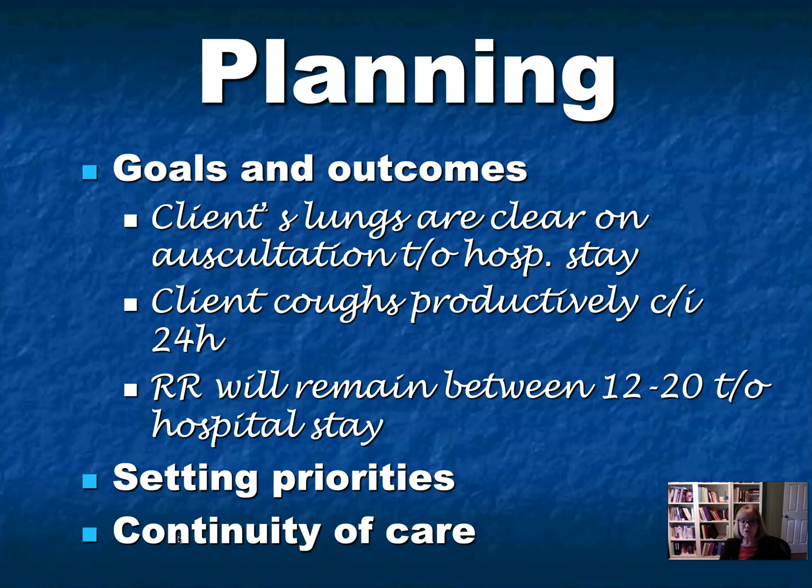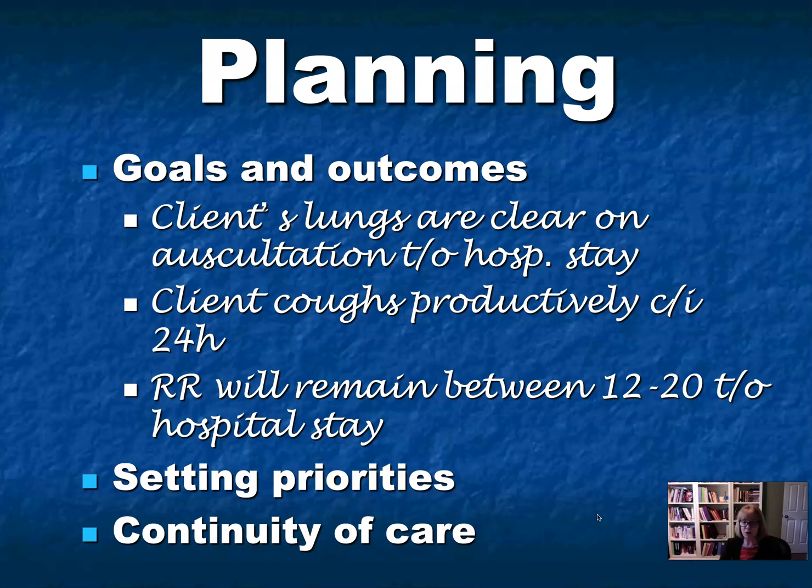Maybe the client coughs productively within 24 hours, because they have depressed breath sounds or pneumonia and haven't been having a productive cough. Respiratory rate will remain between 12 to 20 throughout hospital stay. Very specific, very measurable related to respiratory function.